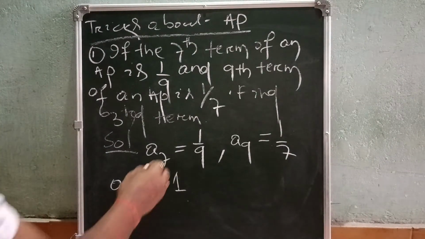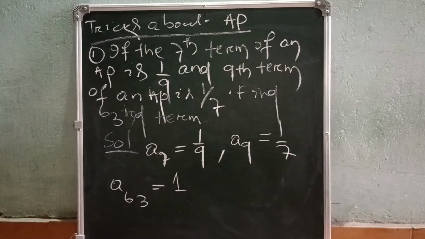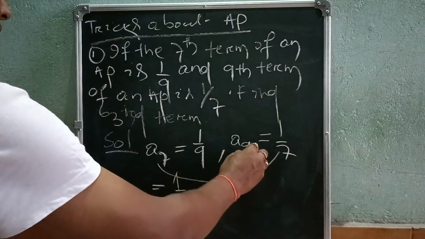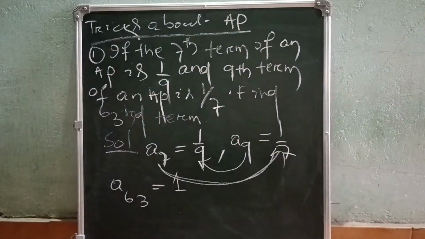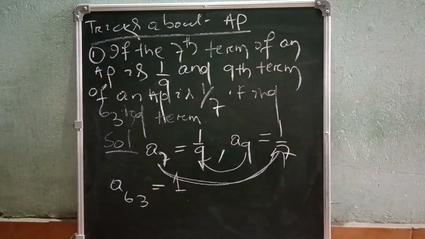Whatever the terms are there, the indices should be reciprocal of each other. The first term's index is the reciprocal of the second term's index. At that time you just multiply these two: 9 into 7, 63. So the value is 1. In this type of question, you have nothing to worry about.